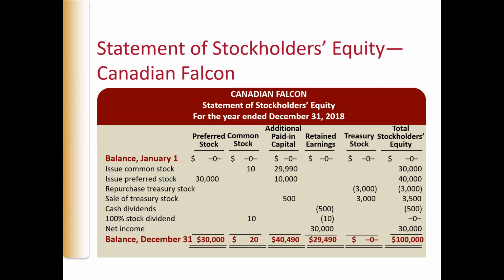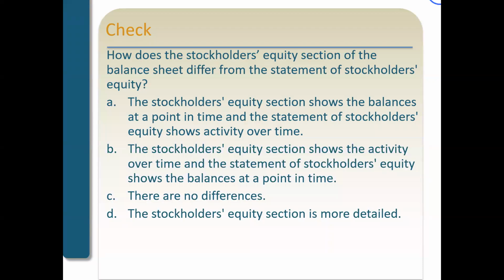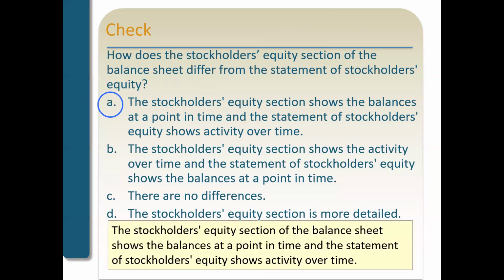We start with our beginning balances and we show what happens with any issuances, purchasing treasury stock, selling treasury stock, and dividends along with net income. It breaks it down. The balance sheet always is a snapshot. The statement of stockholders' equity gives us the detail.